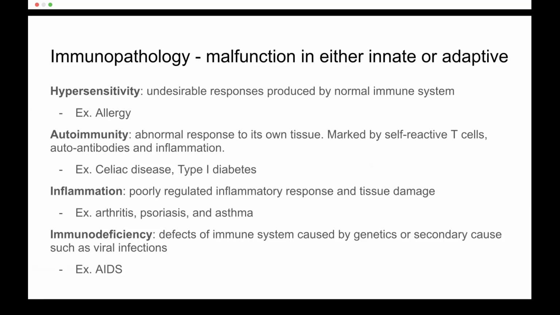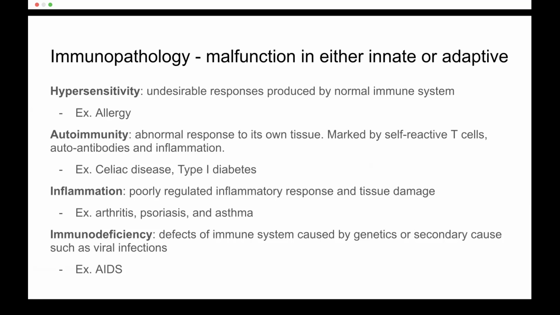And inflammation is when you constantly are inflamed, you have chronic inflammation, which is poorly regulated inflammatory response and tissue damage. So we want inflammation for a short period of time to recruit all the cells we need, all the fluid we need.